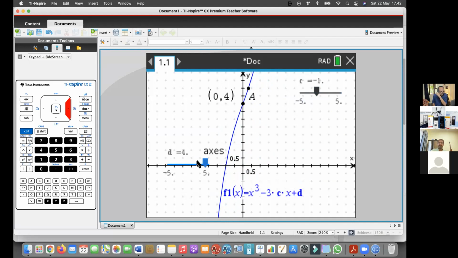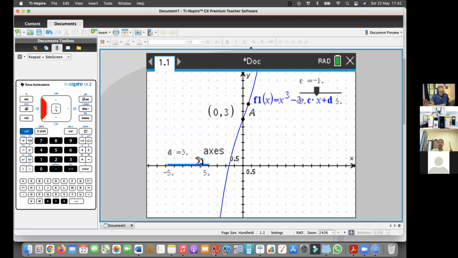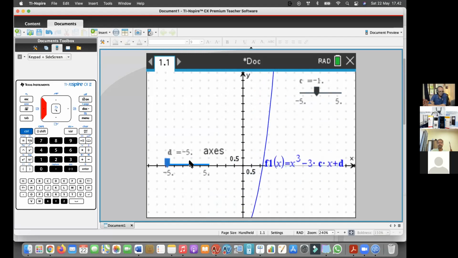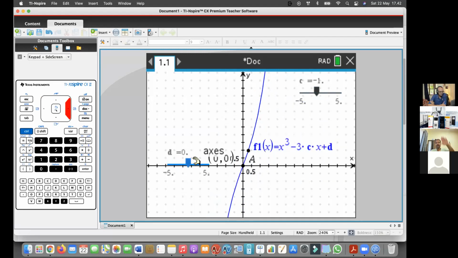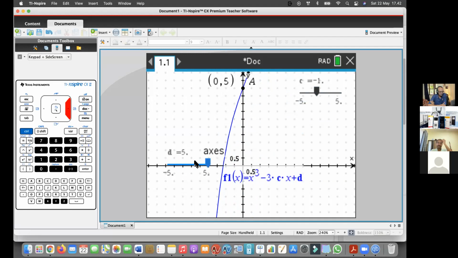So even when you move this graph up, down, wherever, there will be only one point of intersection with the x-axis. Just 1 point. So d will not make any difference here. So our condition is, in this case, c is less than or equal to 0 and d belongs to R, any real number.